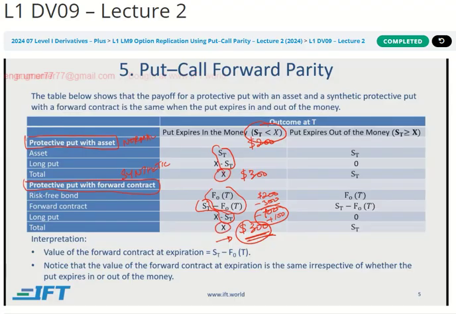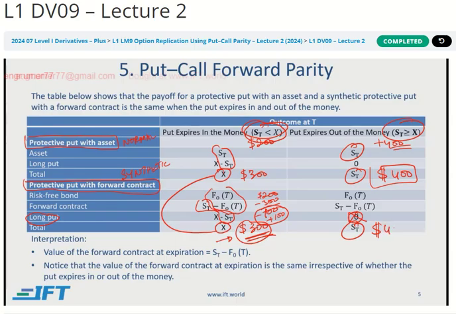So both have X at expiration if ST is less than X. And if ST is greater than X, let's say the Apple price goes to $400, then naturally you will sell at $400 and your put will expire out of the money, worth nothing, but your forward will go up in value by 100, because you have the obligation to buy at 300, and the asset will be worth 400.